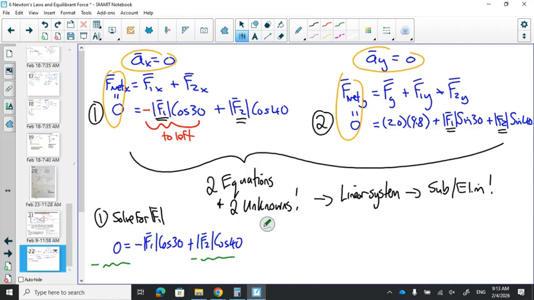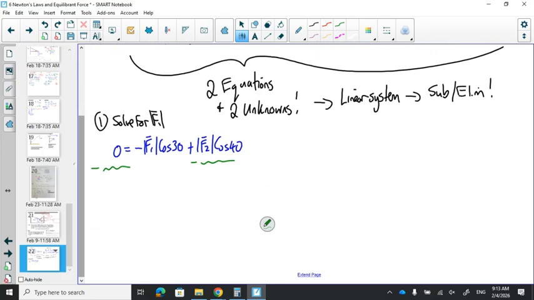A little bit lazy here, but I think it's clear enough, right? So we end up with the negative absolute value of f1 cos 30 equals the negative of absolute value of f2. I just need to squeeze that in or move this over. Let's move it over a little. Got a separate piece. Cos of 40.